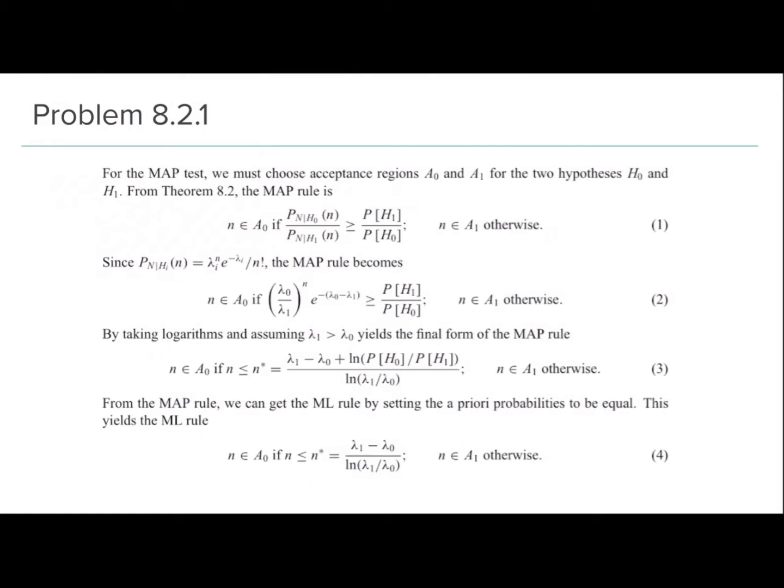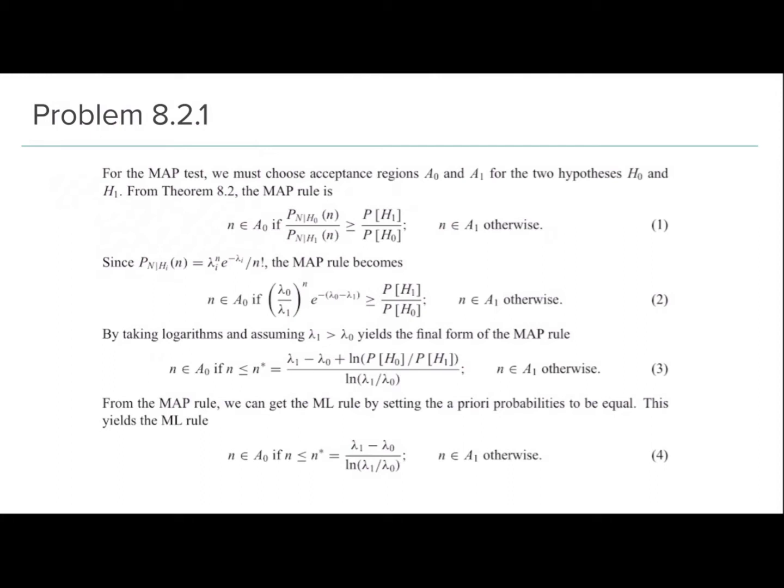If we replace this in the MAP rule condition, n factorial gets cancelled, and we're left with the condition that n will belong to A naught if (lambda naught divided by lambda 1) raised to the power n, times e raised to the power minus (lambda naught minus lambda 1), is greater than or equal to P of H1 divided by P of H0.